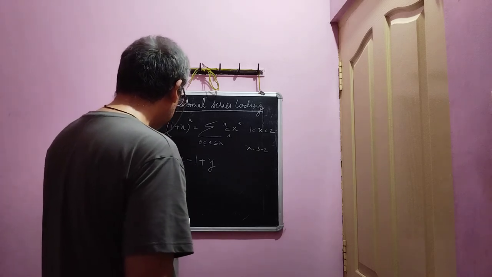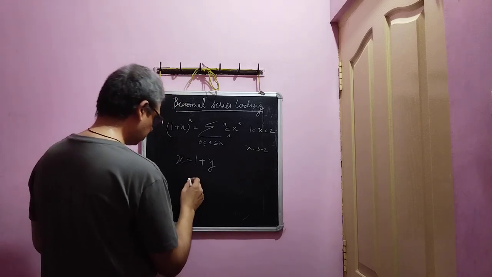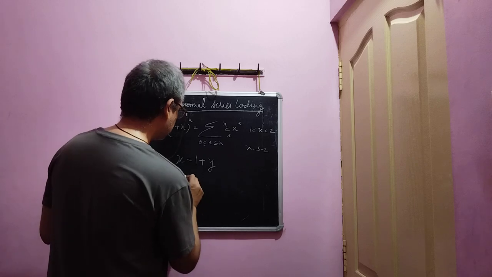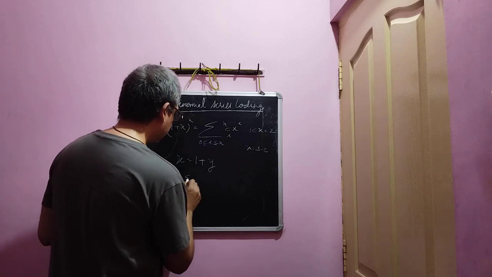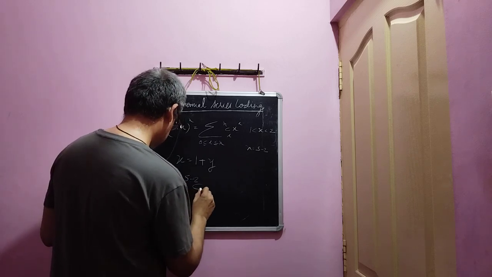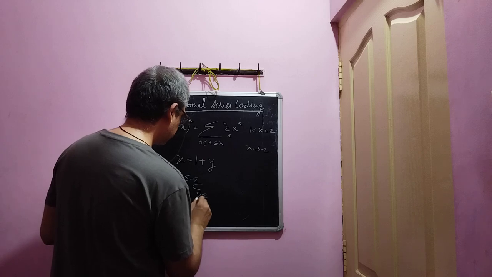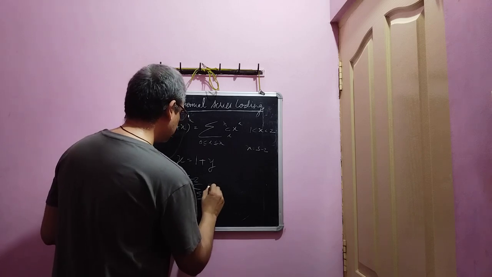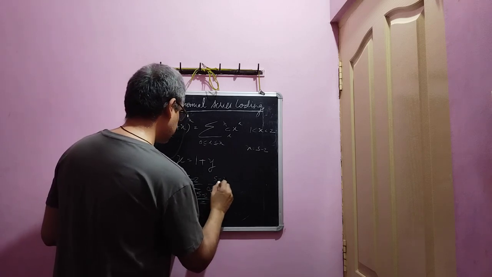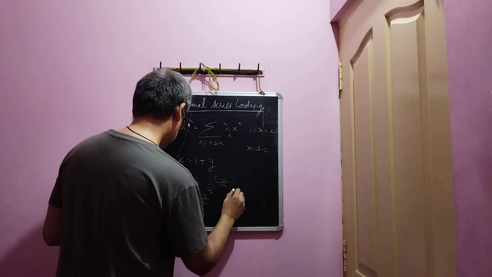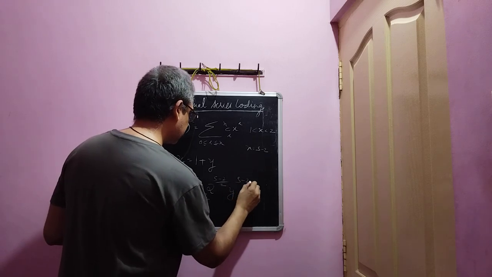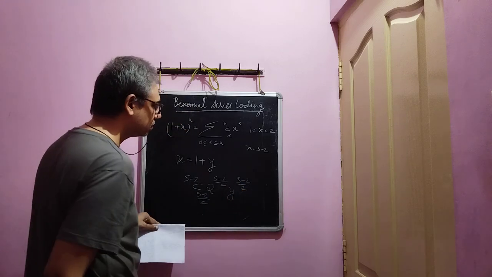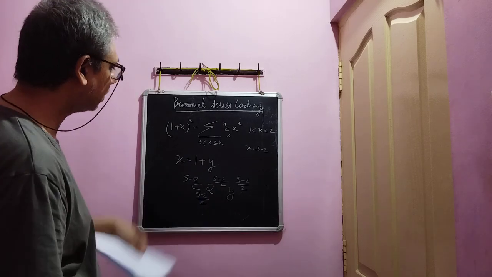So the value of the middle term will be (s minus 2) C ((s minus 2) by 2) times 2 power (s minus 2) by 2 times y power (s minus 2) by 2. This will be the value of the middle term.